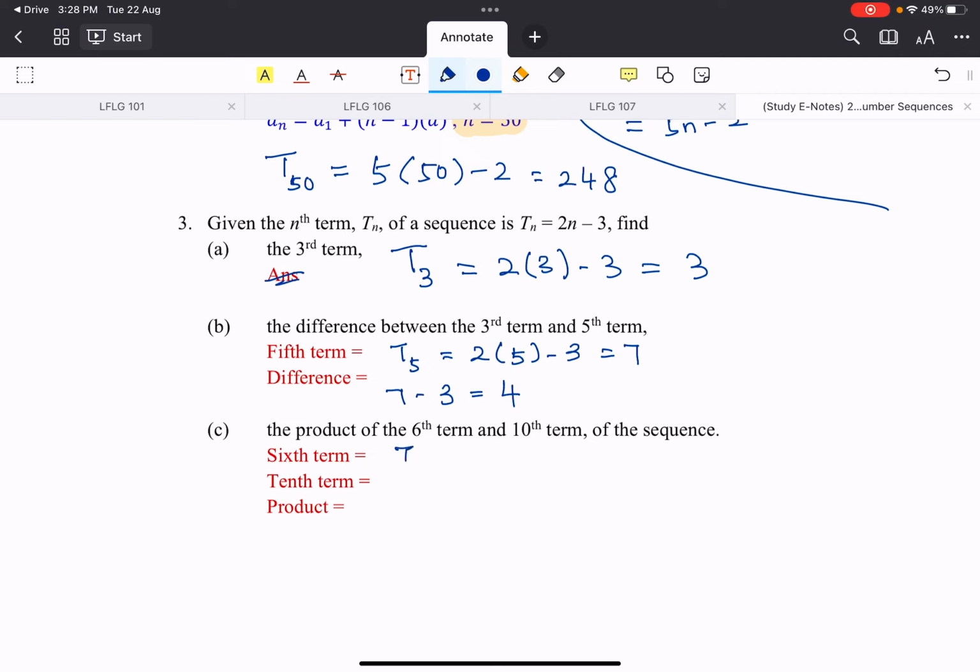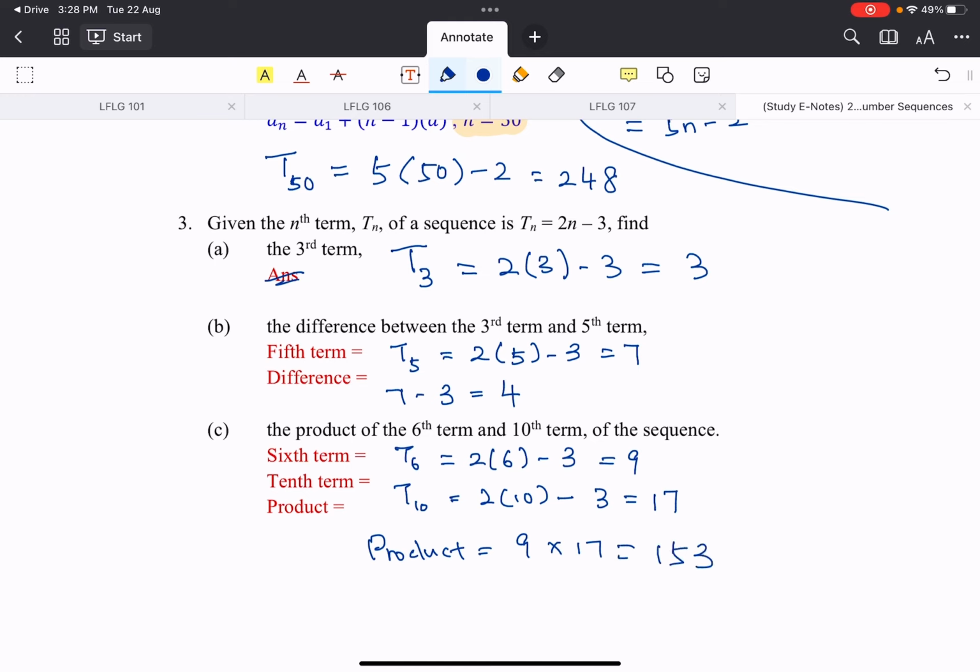The 6th term is T6, which will be 2 times 6 minus 3, which is equals to 9. And then the 10th term is T10, is 2 times 10 minus 3, which gives us 17. Therefore, the product is equals to 9 times 17, which will be 153.